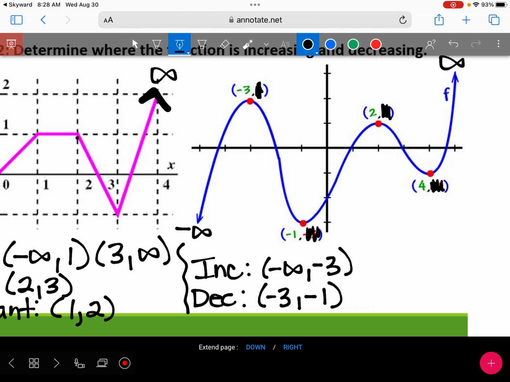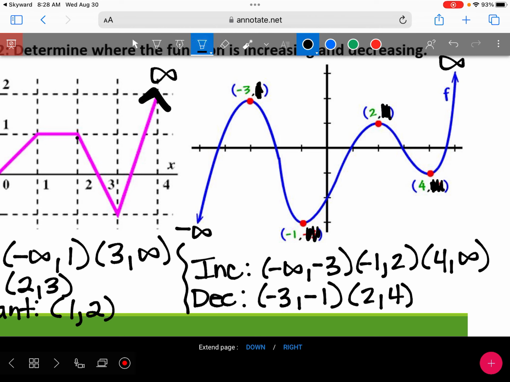From negative 1 to 2, it increases. From 2 to 4, it decreases. And from 4 to infinity, it increases. So if I were to highlight it, you can kind of see. So this is where the graph is increasing. So there's 3 places where it increased and 2 places where it decreased.